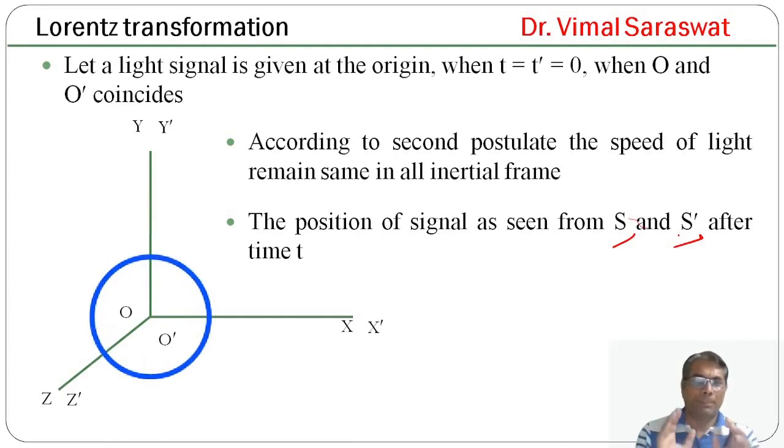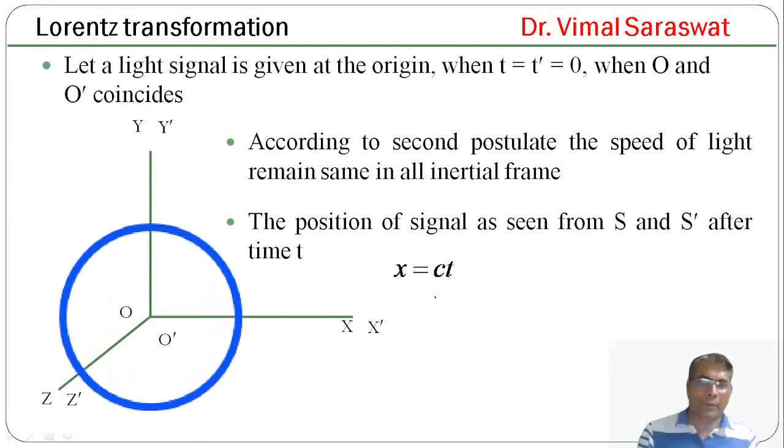Now, with the passage of time, this light signal starts gradually increasing. So x equal to ct, because c is the velocity of light, and after time t, the light signal travels a distance x equal to ct, because distance equal to velocity into time.